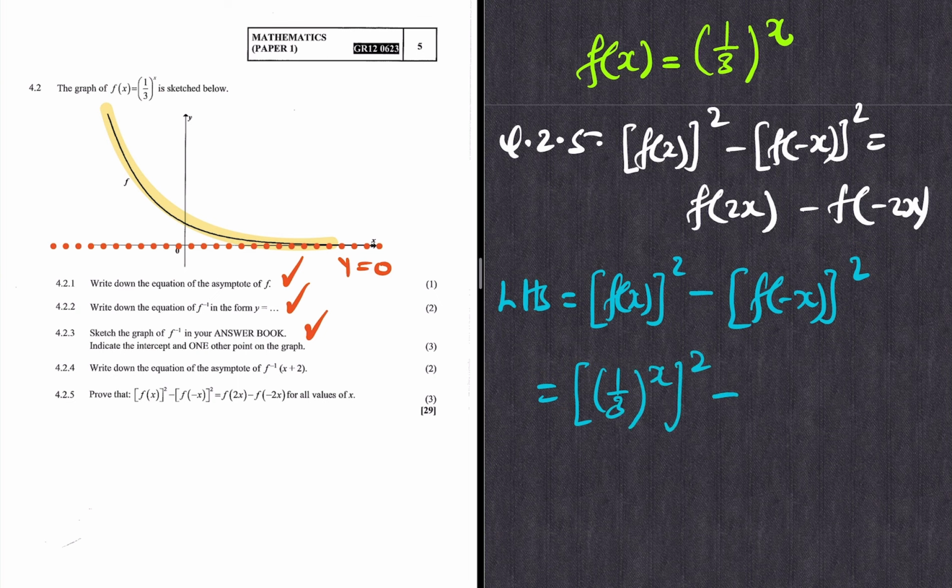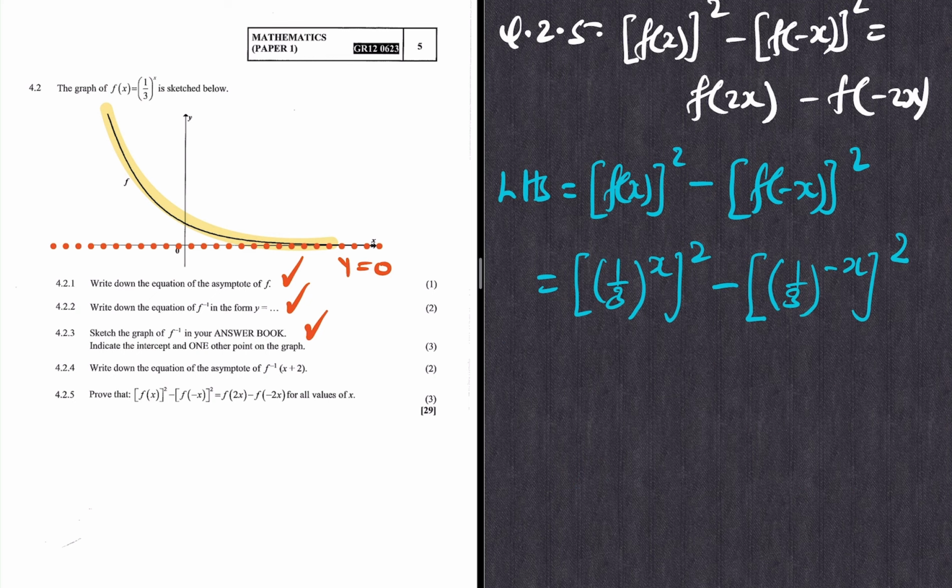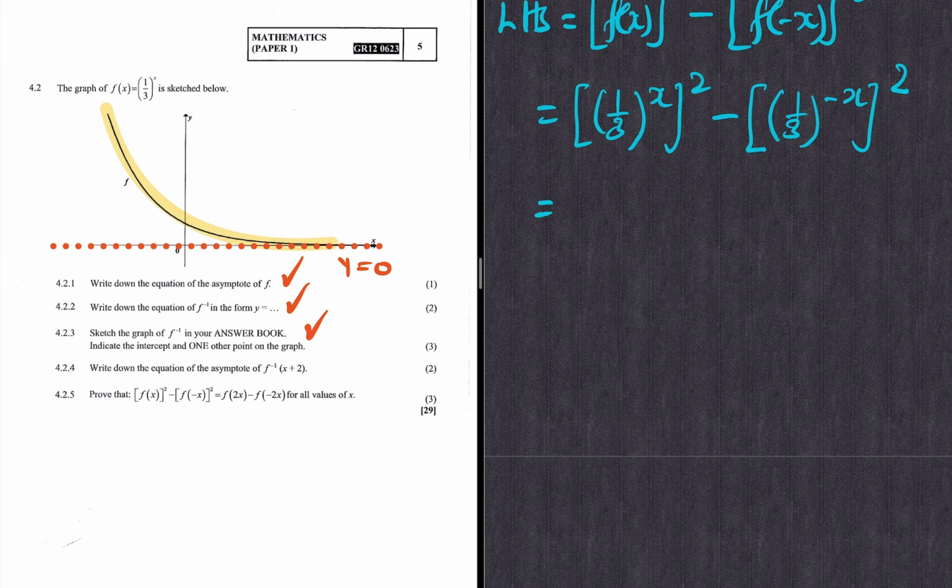You square this, minus, you do the same thing. Wherever there is x, now you put negative x. So that is 1/3 to the power negative x, and then you square that, and then you simplify it. So you multiply the exponents, or you can even interchange the exponent in that way.